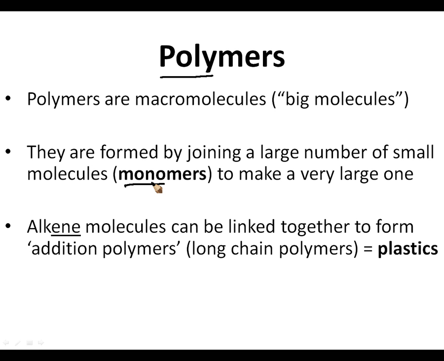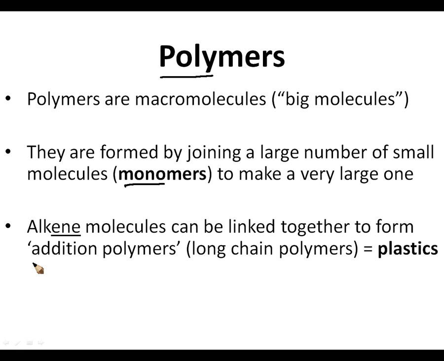So one example, what we're going to look at here is how we can use alkenes to make really long chain polymers. Alkene molecules, especially alkenes, because they've got those double bonds, can be linked together to form what we call addition polymers.